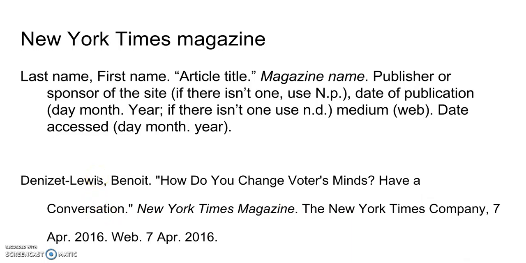We have our author, the title of the article, the magazine title, and this is our publisher. Then you do a comma. Then you do the date that it was published, web, and then the date that it was accessed.